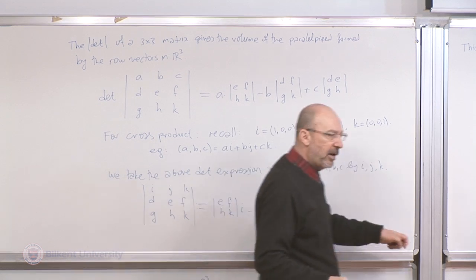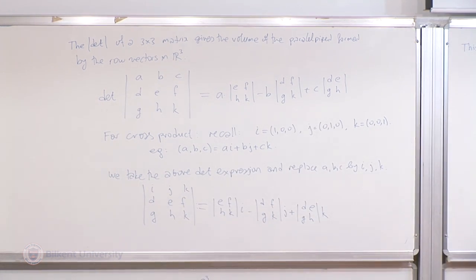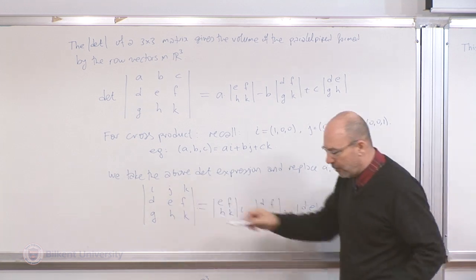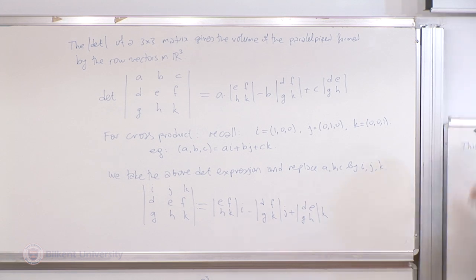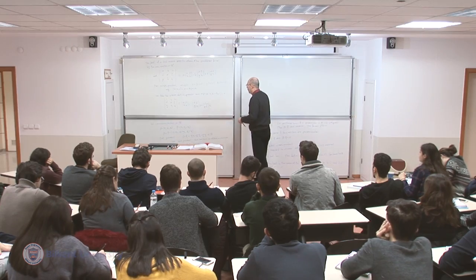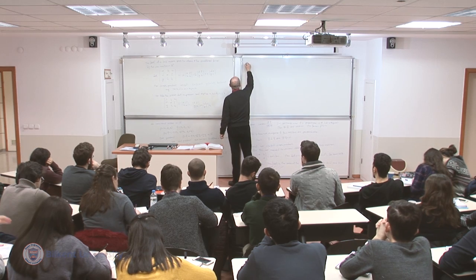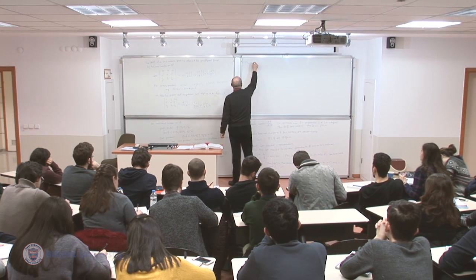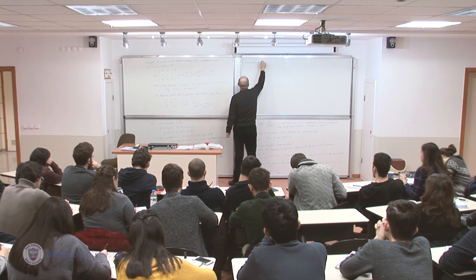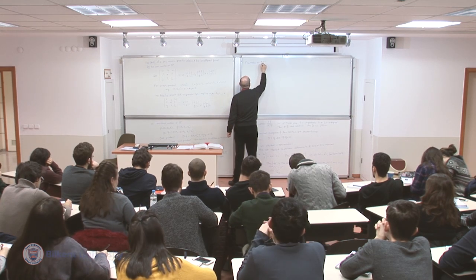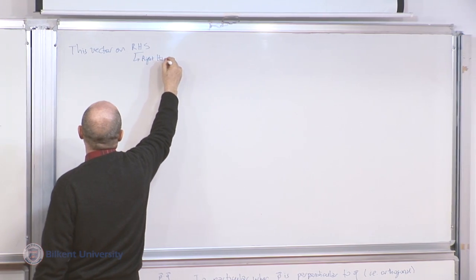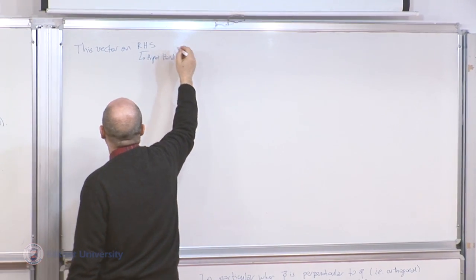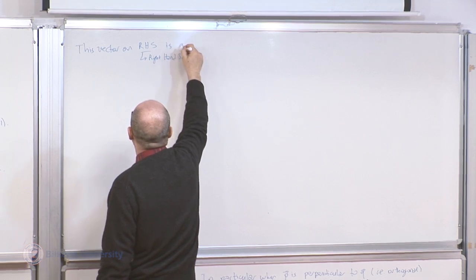This vector is called the cross product of the vectors that I see here, this vector and this vector. So let me write that. This notation is short for the right-hand side, which is given a name.